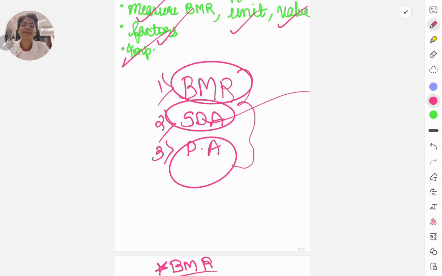And then the physical activity, before that, we have also seen the factors affecting SDA. So it was like surface area, as it increases SDA increases; age, as it increases SDA decreases; gender, more for male than female; in cold it increases, in fever it increases, in diseased condition it increases, except in Addison's disease.